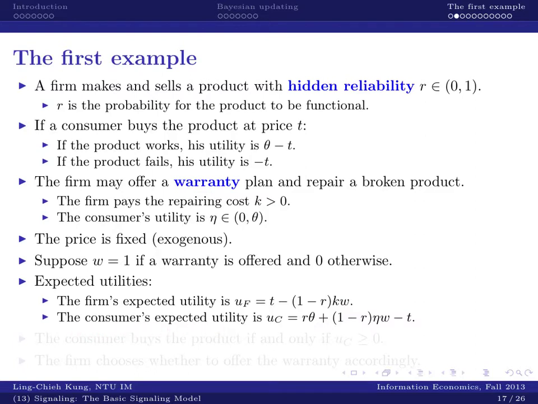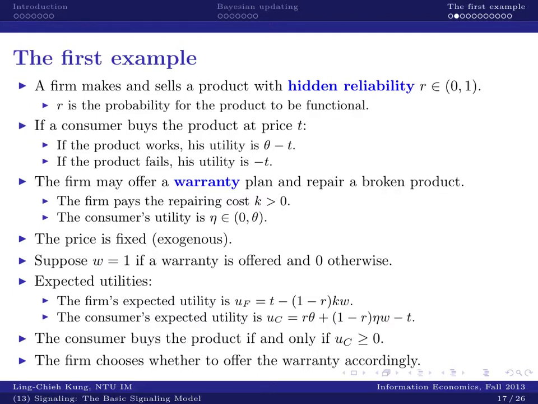The consumer's expected utility is this one. With probability R, the product would be fine and the consumer gets theta. With probability 1 minus R, if there is a warranty, the consumer can get the repaired product and the utility eta. Otherwise, if there is no plan, then this part is just 0. The consumer needs to pay T in any case.